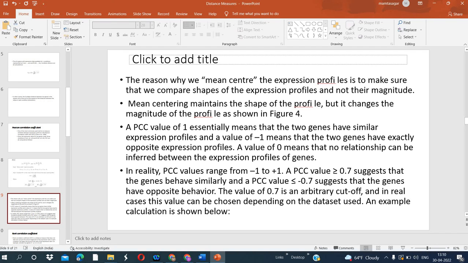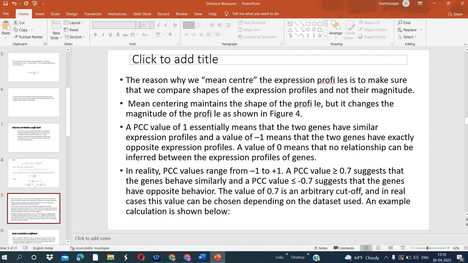On the other side, a PCC value less than or equal to -0.7 suggests that the genes have opposite behavior. The value of 0.7 is an arbitrary cutoff, and in real cases this value can be chosen depending on the data set used. So you can use a different cutoff. It's up to the user.